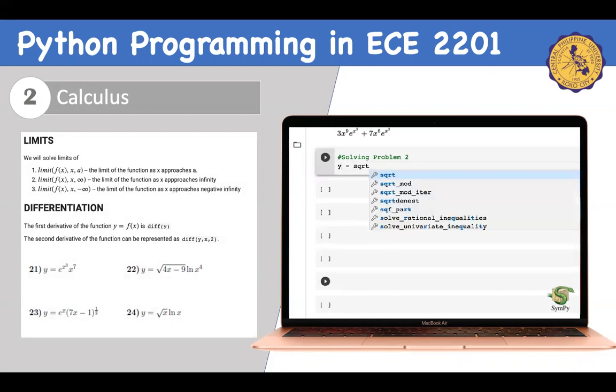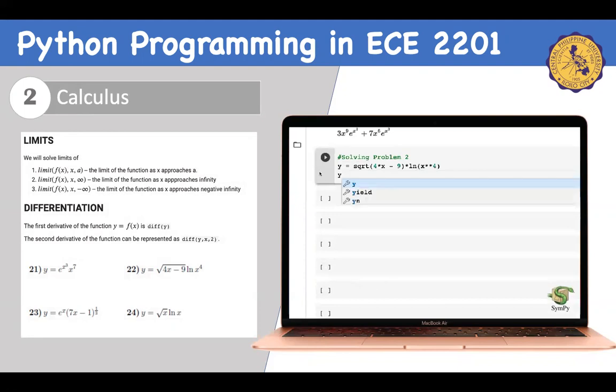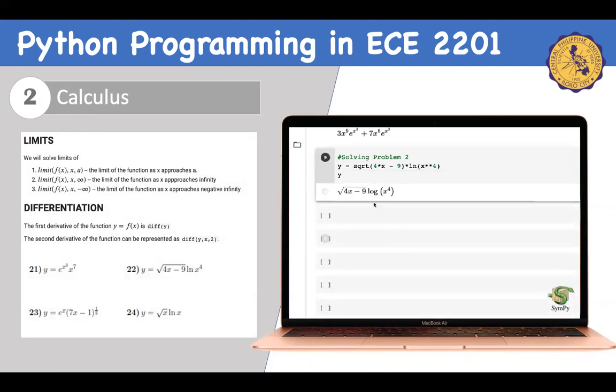So we have here y equals the square root of 4 times x minus 9 multiplied by log or ln. The same, log or ln will work here. So ln of x to the 4th. So display it, it will become log. When you type ln, it will automatically convert it to log.